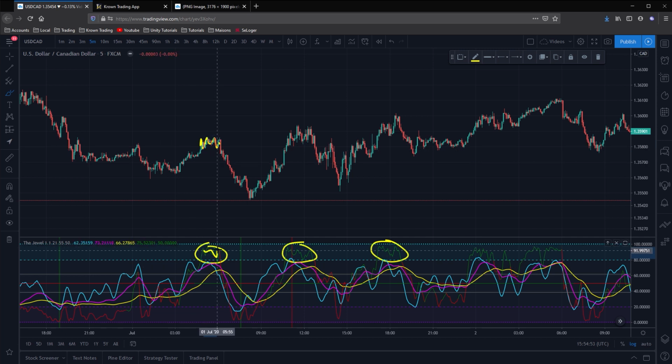And then turns red and drops back down on here. I would say same thing over there. Drops back down here. And same thing over there and drops back down here. So yes, it shows you when we are getting to an extreme level in the fib calculation.